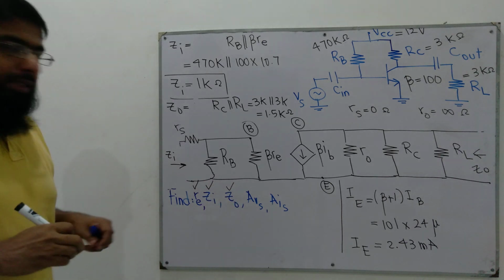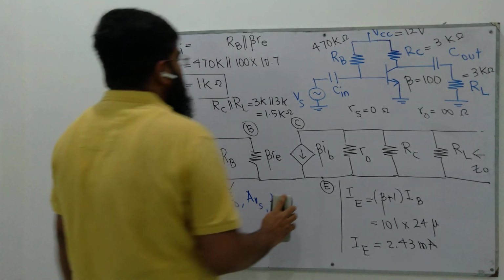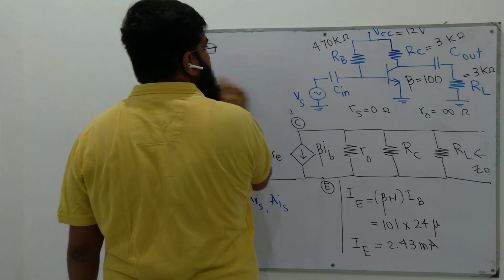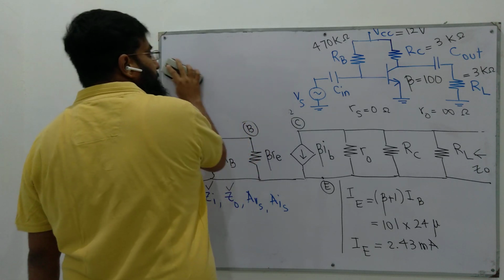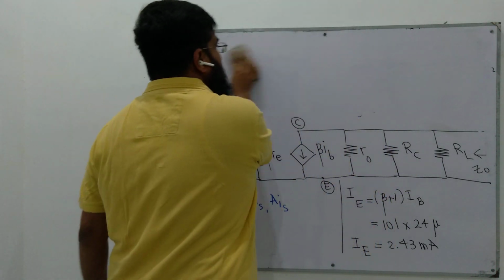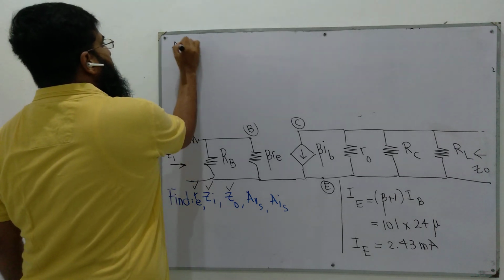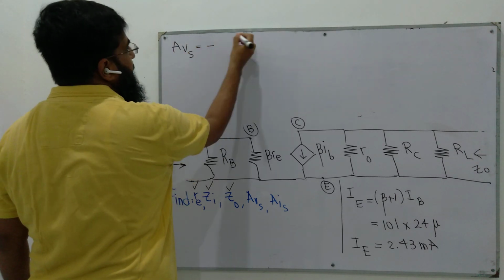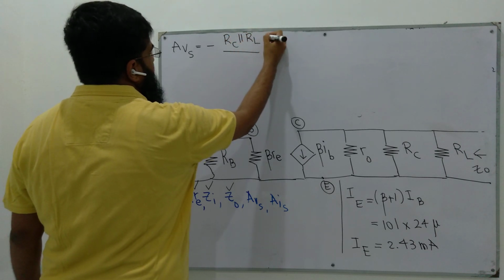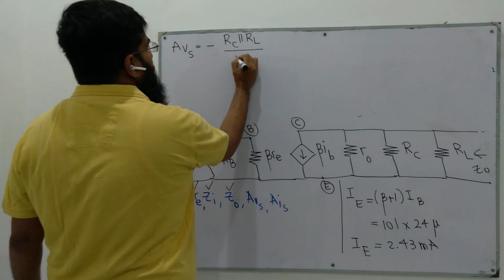The expression for AVS was derived by us in lecture 14, our last lecture. The expression is: AVS, the stage voltage gain, is negative RC in parallel with RL in parallel with R0, and since R0 is infinity, we don't need to write it, divided by small re.